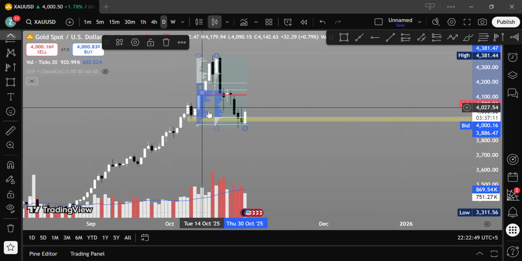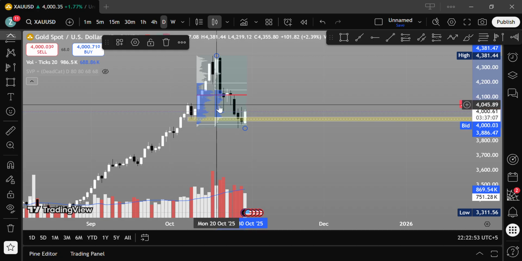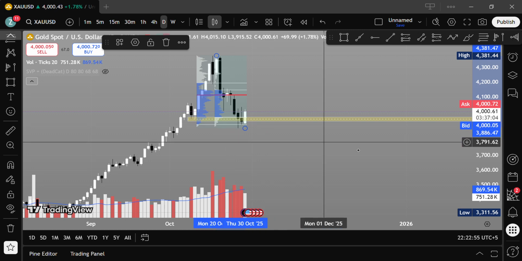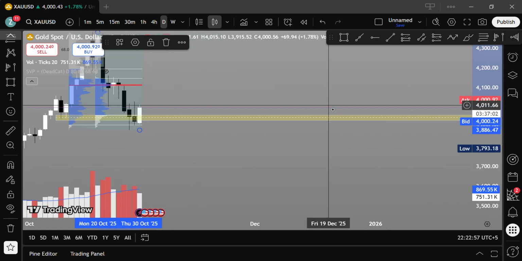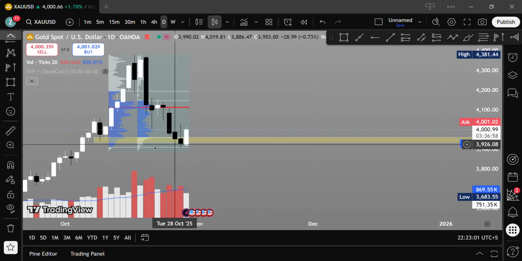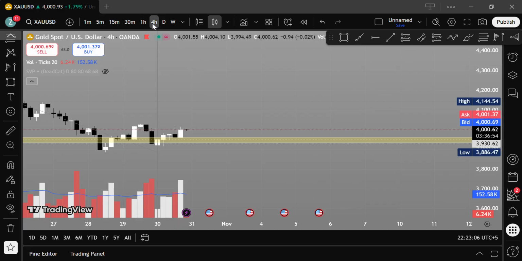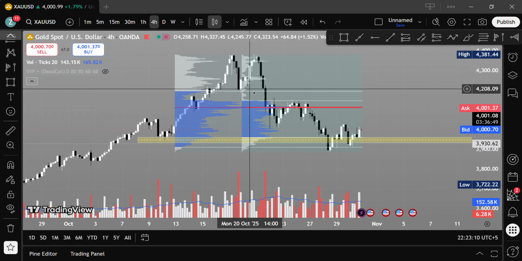Right now we see two volume profiles. It is the volume profile for the previous week, and this one is for the present week. Right now we can't mark the specific areas at a particular price, so we will go a little down in time frames to get a much clearer view for our decision making.